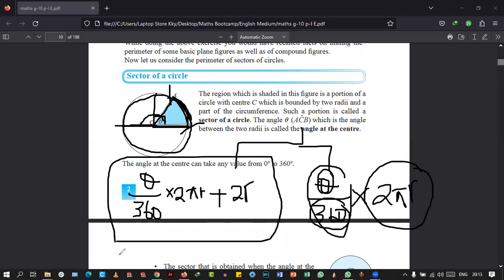This is the equation for the sector. This is the equation for the arc length, right? When we are given an example or a question in the examination, we have to think which one it is, whether it is an arc length or a sector. We have to identify that, and then we can do the question, right?